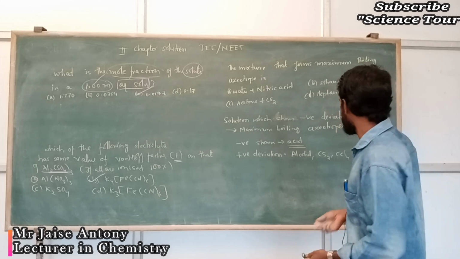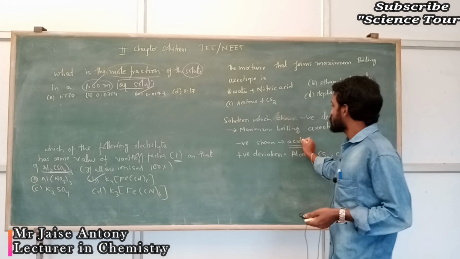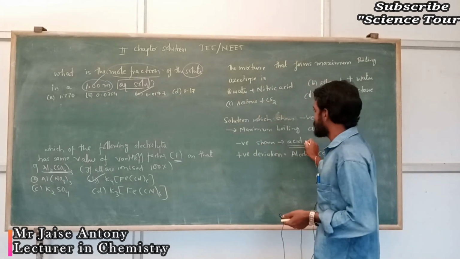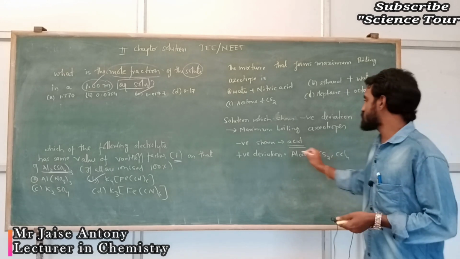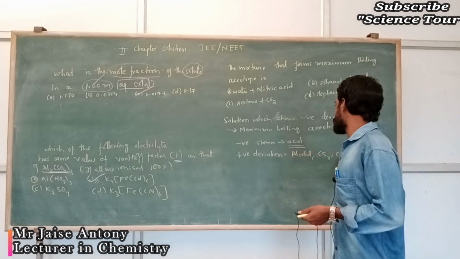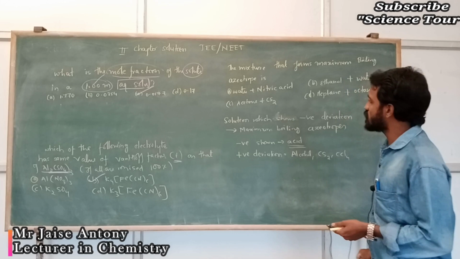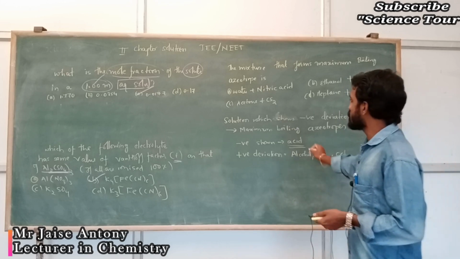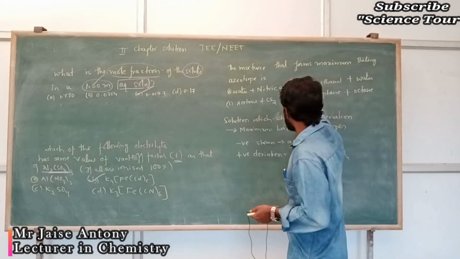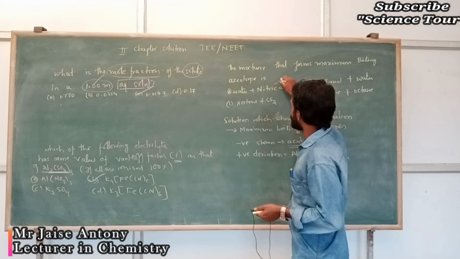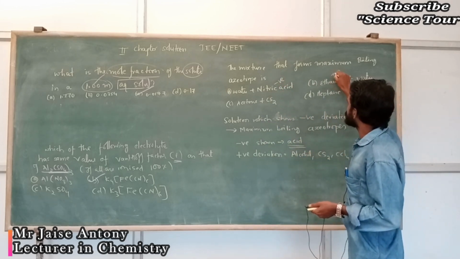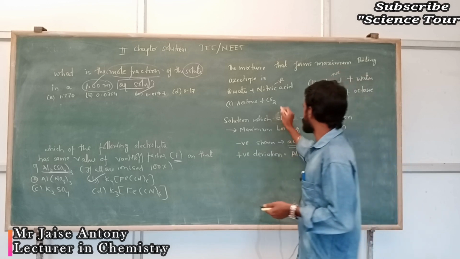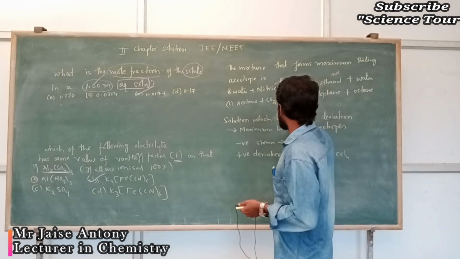See, negative deviation is shown by acid: if the mixture contains acid, it shows negative deviation. If the mixture contains alcohol, carbon disulfide, or carbon tetrachloride, then it shows positive deviation. Easily you can find out. Here nitric acid is acid, so negative deviation. Here alcohol, positive. And here acetone with carbon disulfide, positive.